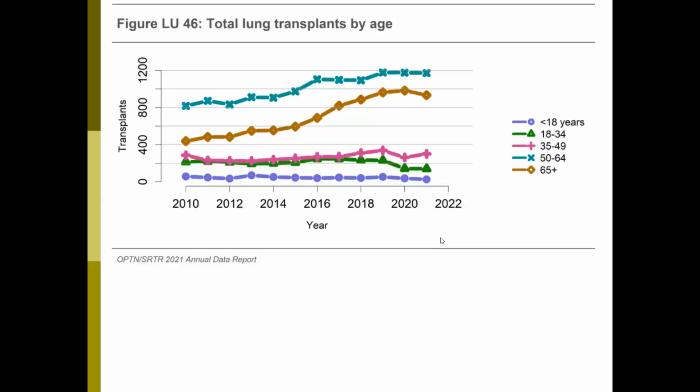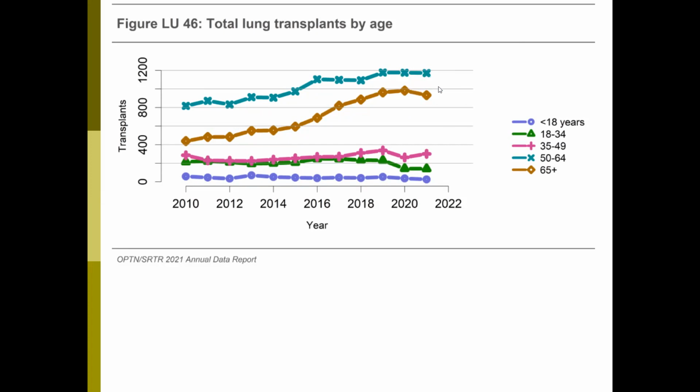Lung transplant by age. We'll talk about age and limitations of age when it comes to whether or not someone will be a good candidate for lung transplantation. Here, the majority of lung transplants are happening in individuals considered middle-aged or maybe older. The bluish X signs are individuals 50 to 64, probably considered middle-age.